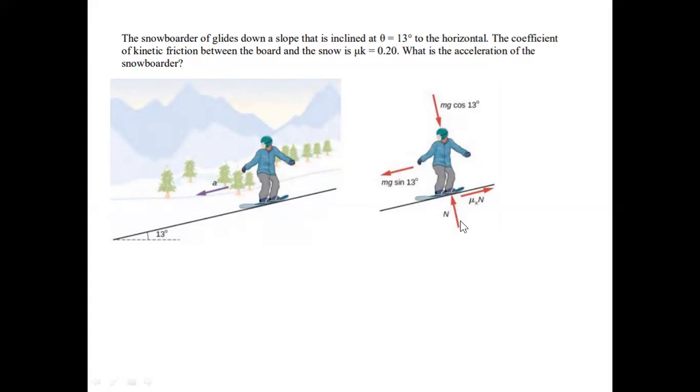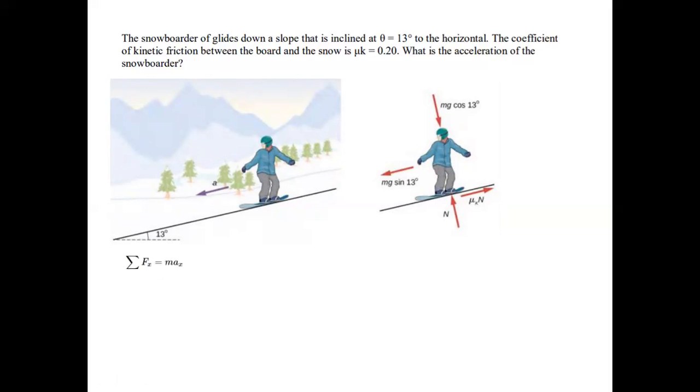Now the normal force is calculated as the opposite of the inclined vertical axis of the weight, and our kinetic frictional force here is opposite with the direction of the weight of the man at the inclined x-axis.